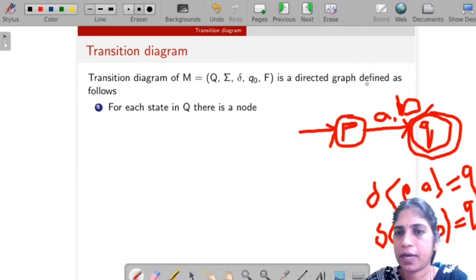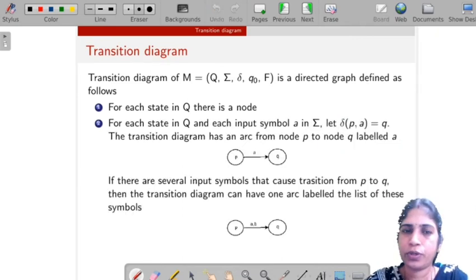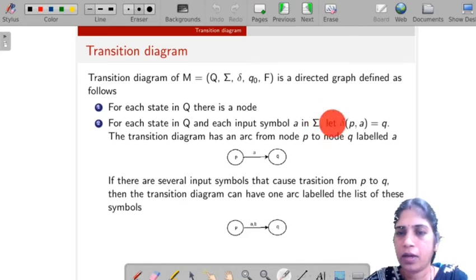These are all about the transition diagram. It is represented as a directed graph. So each state in Q there is a node. Then for each state in Q and each input symbol A in sigma, if delta of P comma A is equal to Q, then there is a directed arc from P to Q labeled by A. If there are several transitions from P to Q, then it is represented by a directed arrow from P to Q labeled by the input symbols separated by commas.